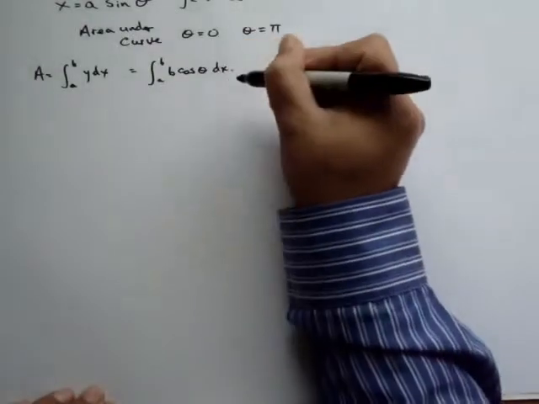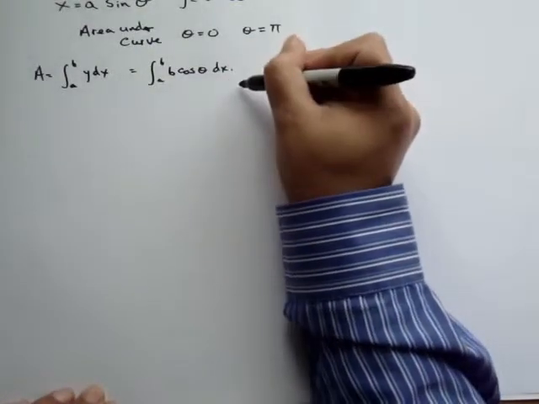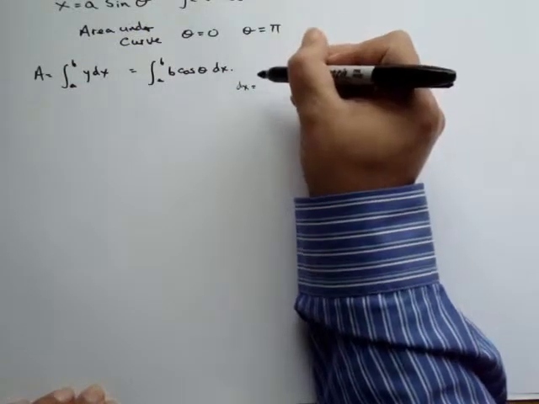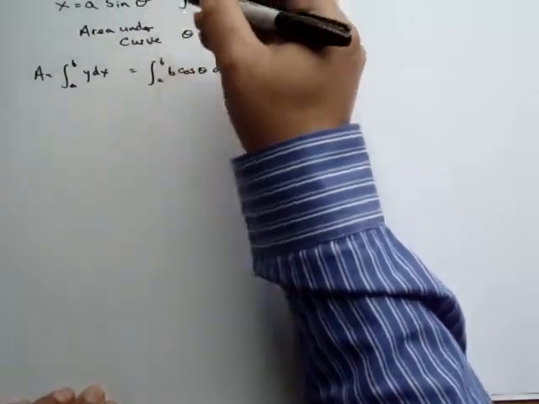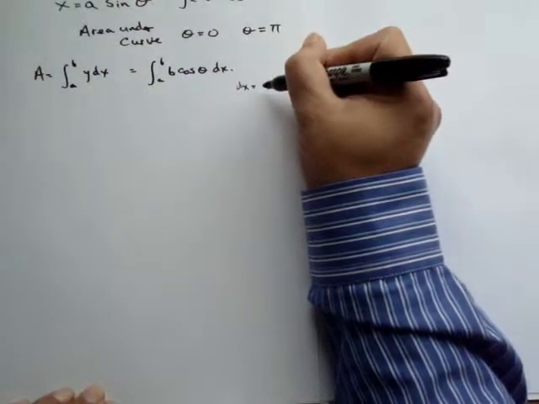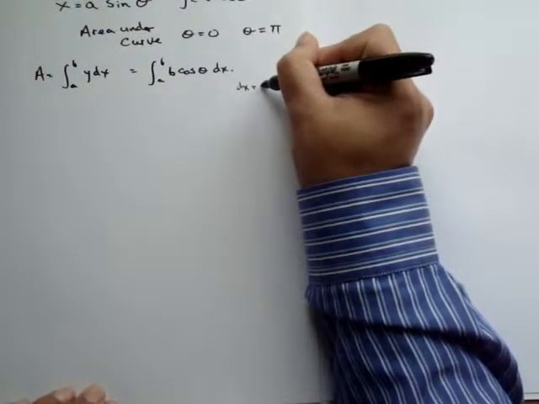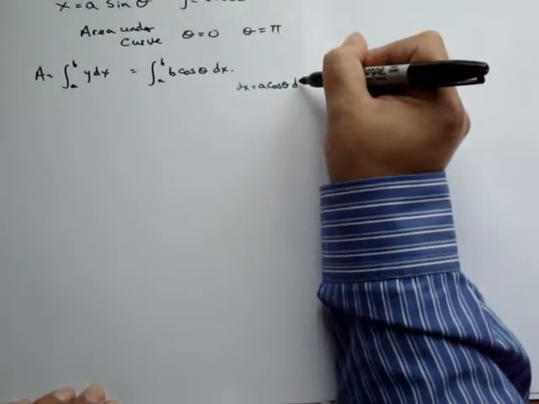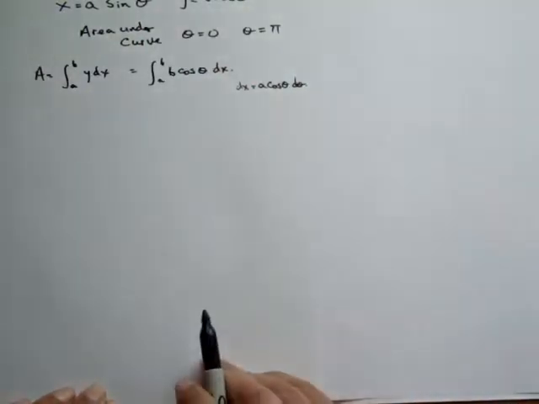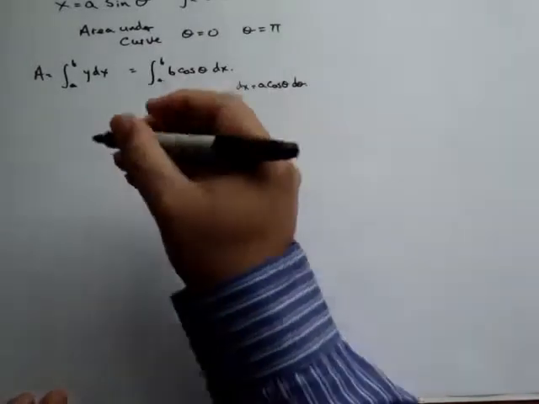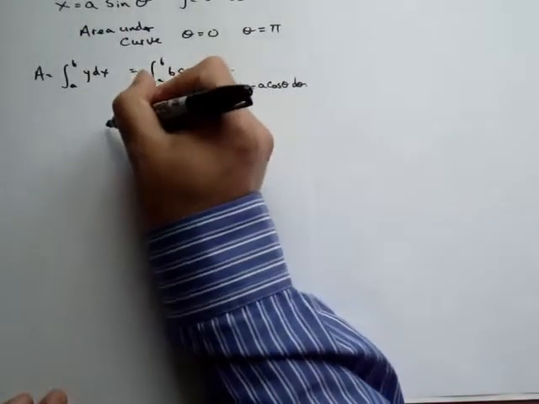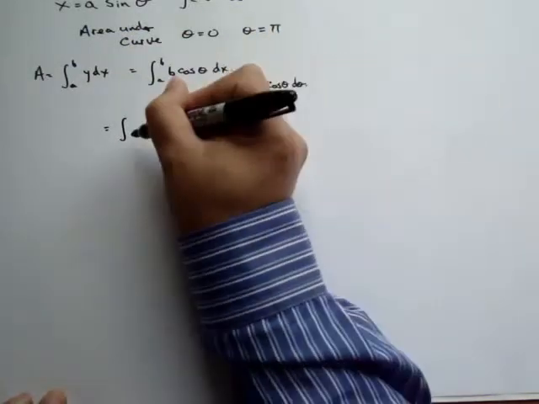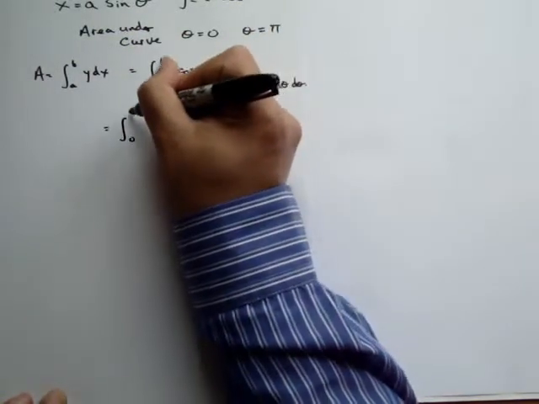So dx in this case would be a, and then sine theta becomes cos theta, so that's a cos theta d theta. So this then becomes the definite integral between the limits 0 to pi.